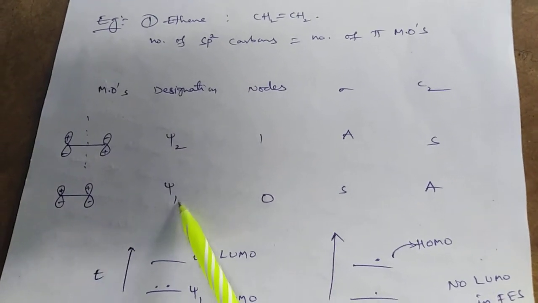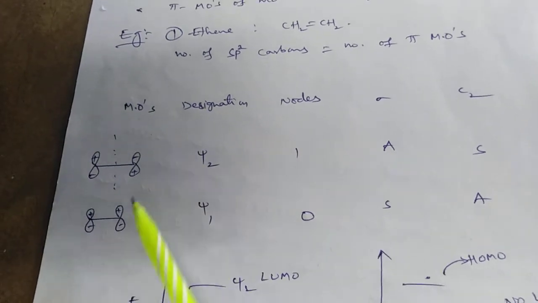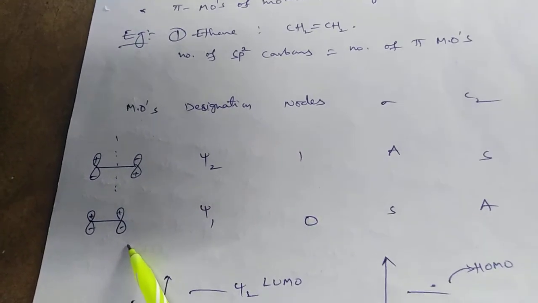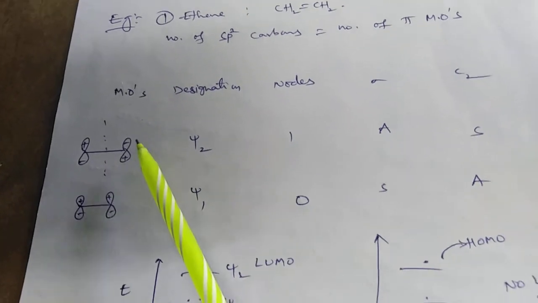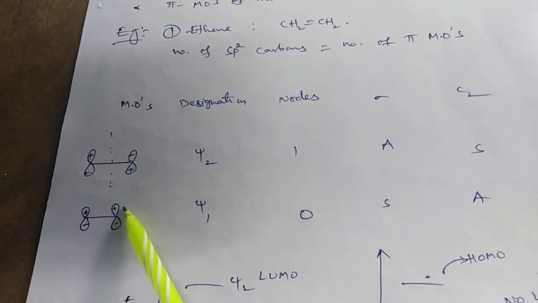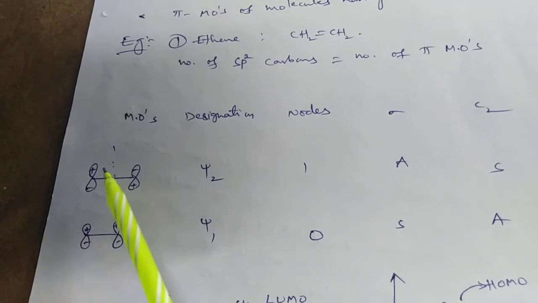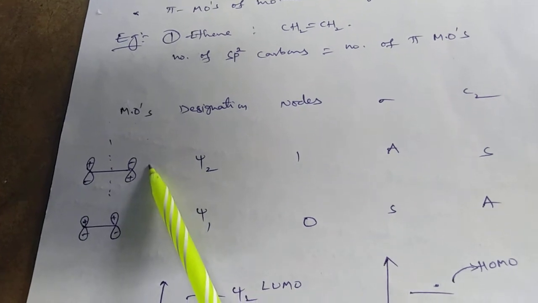Now you see 2 molecular orbitals for the ethene molecule: the psi1 molecular orbital and the psi2 molecular orbital. They are represented by psi1, the bonding molecular orbital, and psi2, the anti-bonding molecular orbital, because in psi1 adjacent orbitals have the same sign, and in psi2 adjacent orbitals have opposite signs.